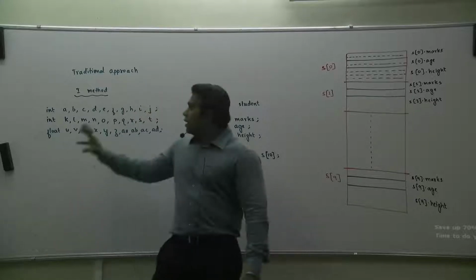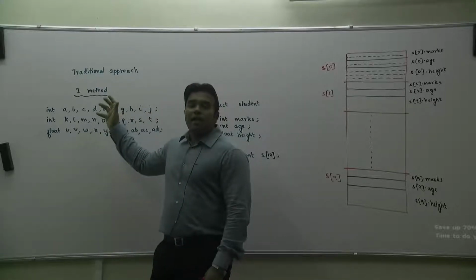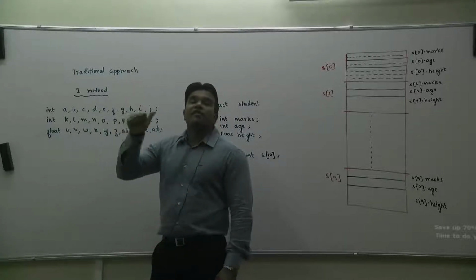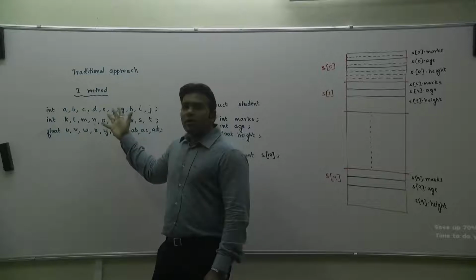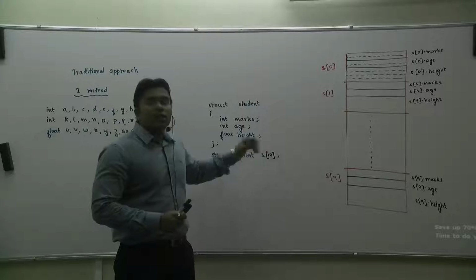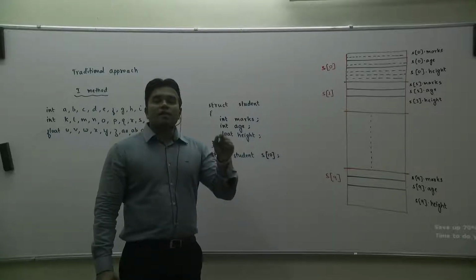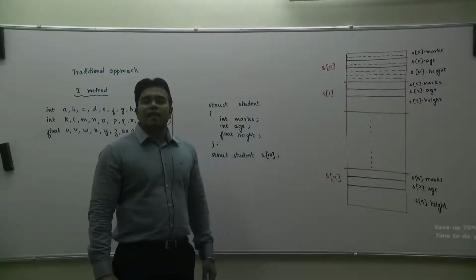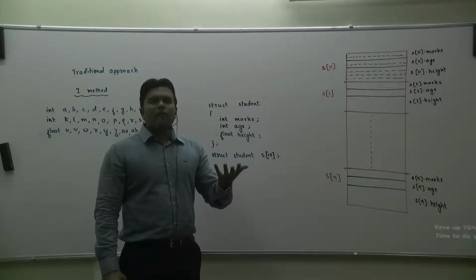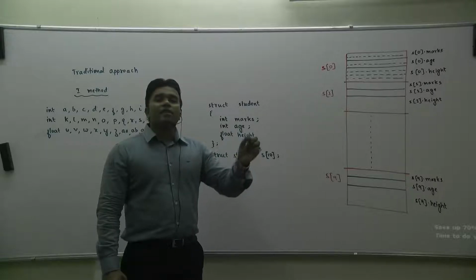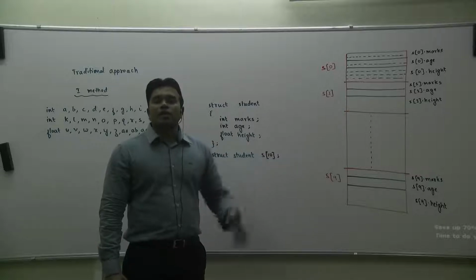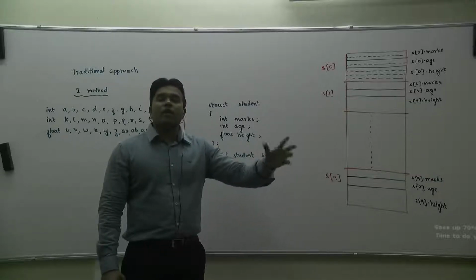Say 100 students are there in this style, and I ask you for the 87th student's marks, age, height. In which variable is it present? You will not be able to tell. Whereas in this method, if I ask you, you will say the 87th student's marks are in S of 86 dot marks, S of 86 dot age, S of 86 dot height.